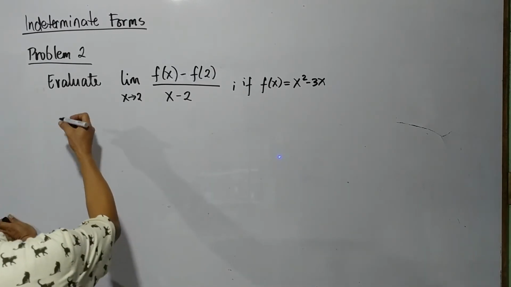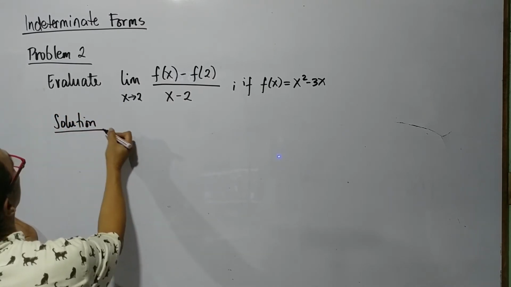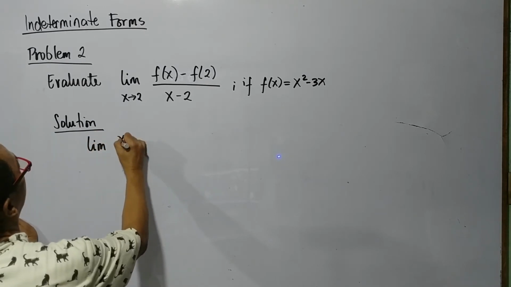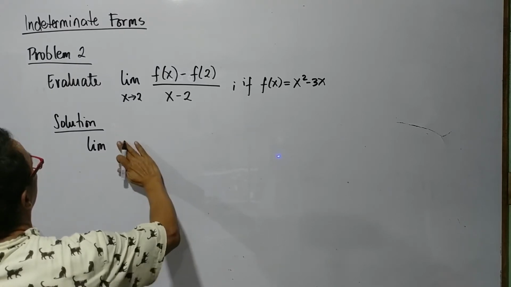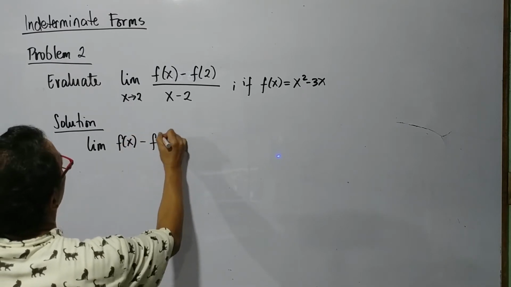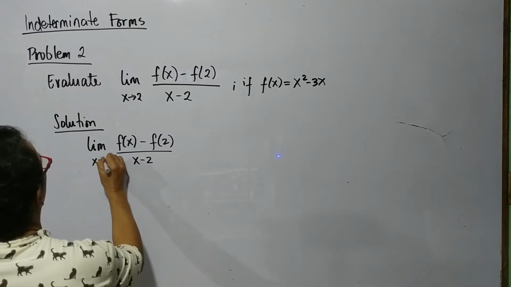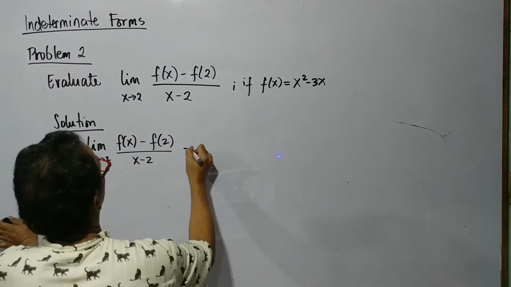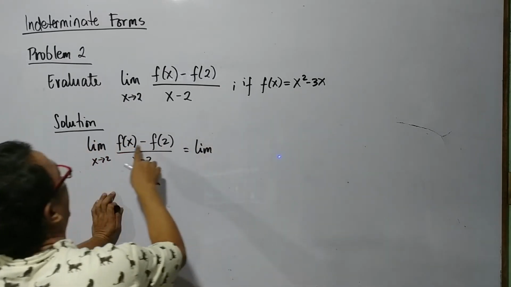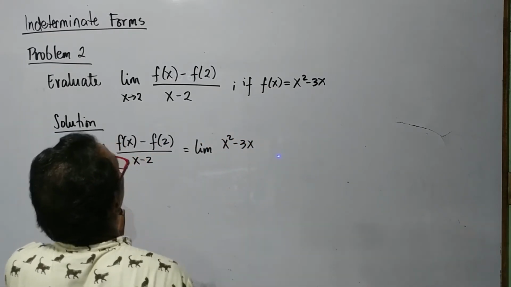To solve it, just substitute this here. So we have x squared minus 3x.